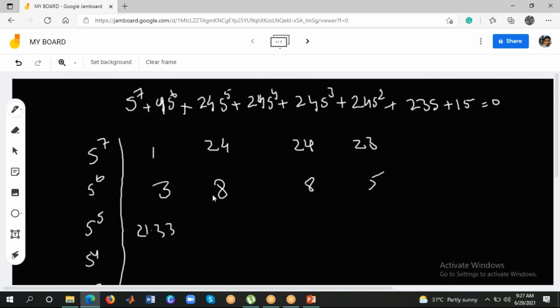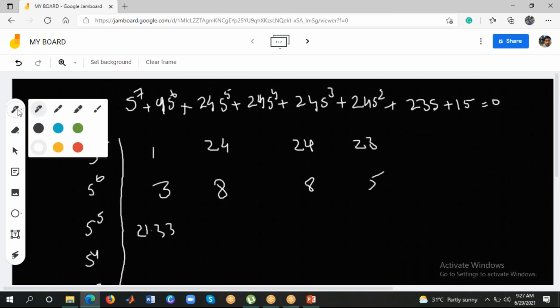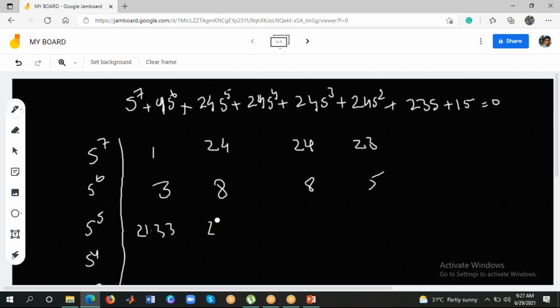So the second term also will get the same value, that is 21.33. So here also you will get the same, 21.33.